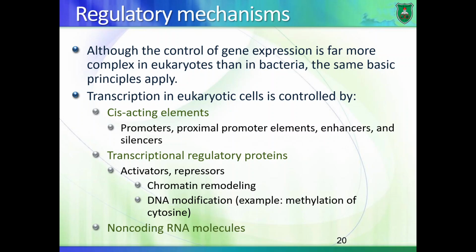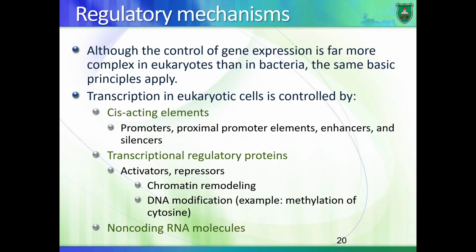There are proximal promoter elements that sort of synchronize transcription of genes that participate in similar mechanisms. It's like, as we said before, an alternative of operons in prokaryotes. There are enhancers and there are also silencers.